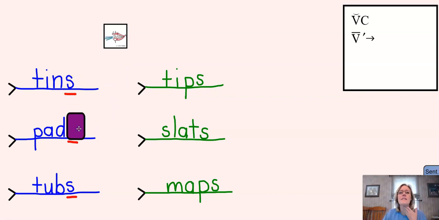Let's try this one. Pad, d, d. It's voiced, so the S is voiced at the end. Tub, b, b. Voiced again. So we have a rule that goes with this, okay? If a base word's final sound is voiced, a suffix S will also be voiced.